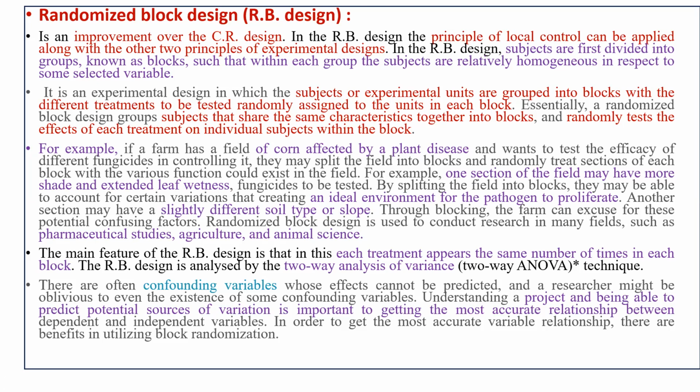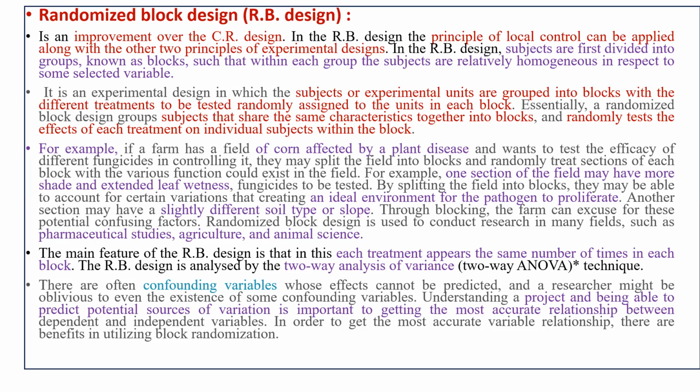Now, when you are doing this, what will happen? One section of the field may have more shade. Another will have extended wetness. Another will have very good sunlight. Another area may have the ideal environment for the pathogen to proliferate, that is the wetness.